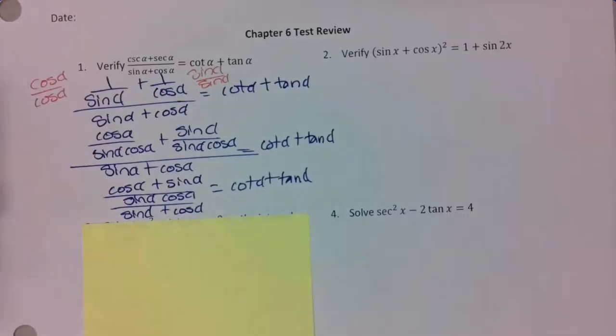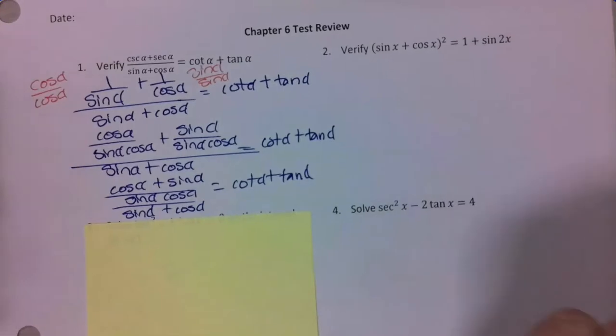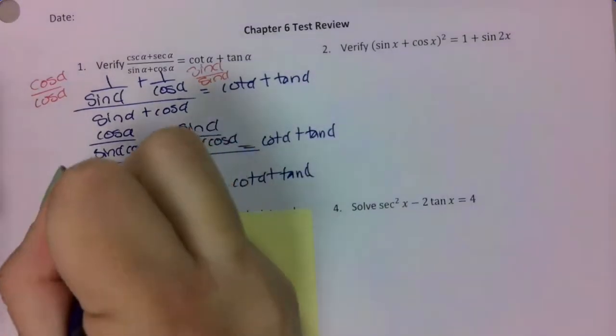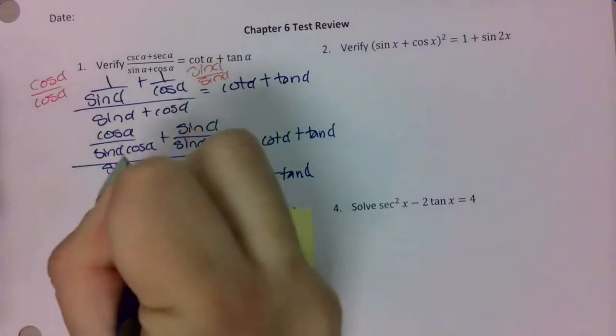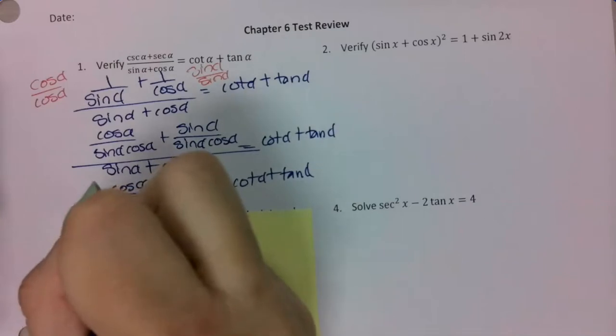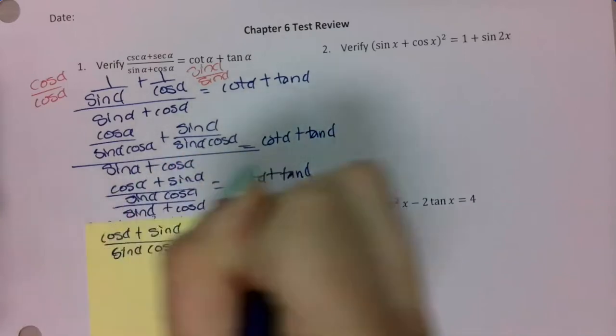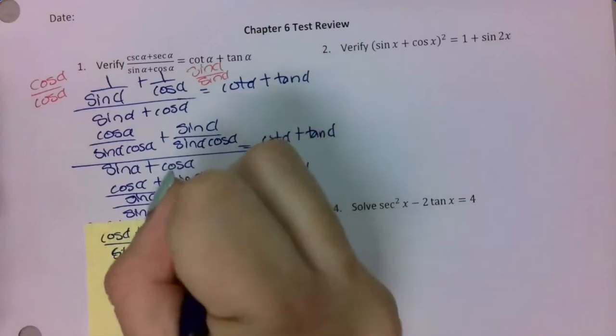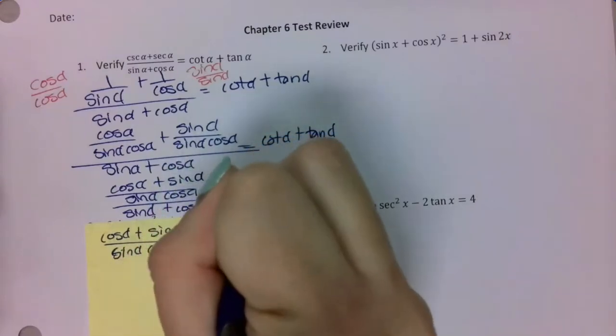Okay, so what I have is I want to write my reciprocal and multiply by that. So I have cosine alpha plus sine alpha over sine alpha cosine alpha. My reciprocal is 1 over sine alpha plus cosine alpha.